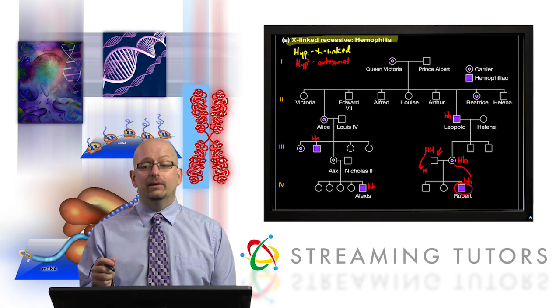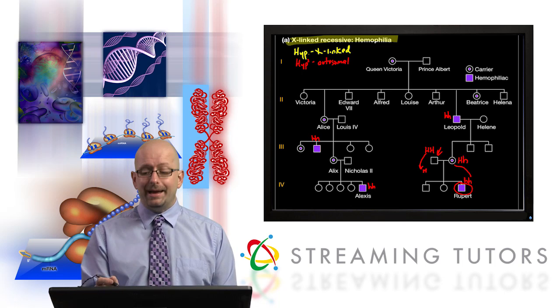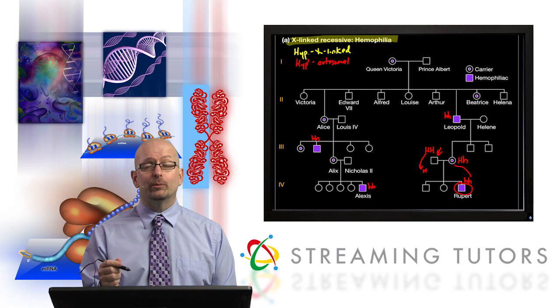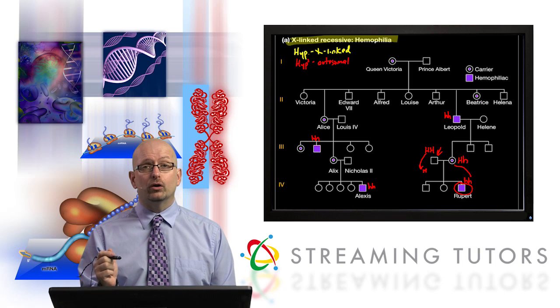And remembering that an affected male, if it's sex-linked, had to get that X chromosome from his mom, and that he's going to be giving it to his daughters as well.